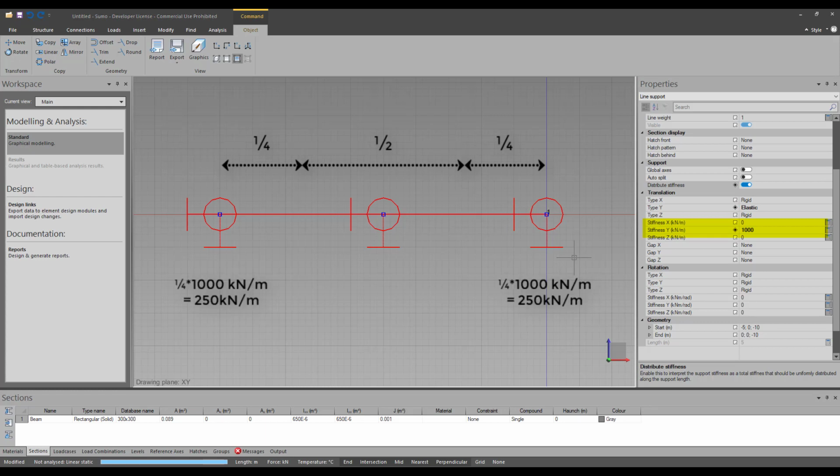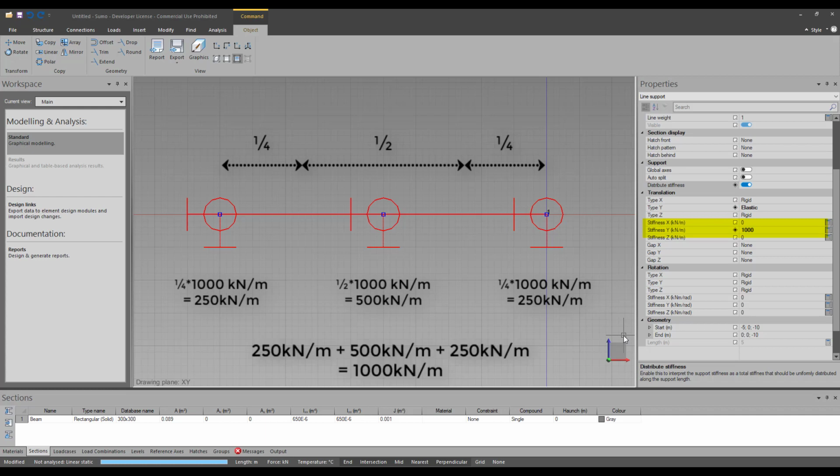With three nodes, the first and last node will have an equivalent elastic point support value of 250 kilonewton per meter. And the internal node will receive an equivalent elastic point support with a value of 500 kilonewtons per meter. Adding all the individual stiffnesses together will equal 1000 kilonewtons per meter, our original value.